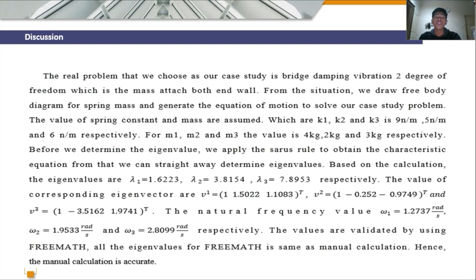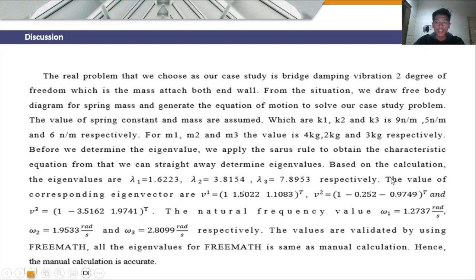Before we determine the eigenvalues, we apply Sarrus' rule to obtain the characteristic equation. From that, we can straight away determine the eigenvalues. Based on the calculation, the eigenvalues are, firstly 1.6223, the second one is 3.8154, the third one is 7.8953 respectively.